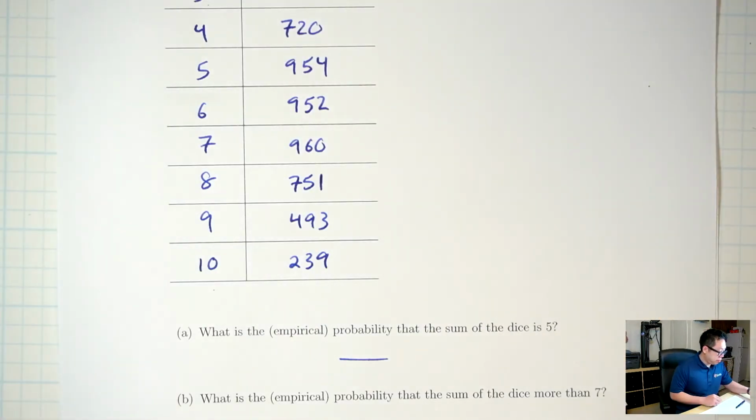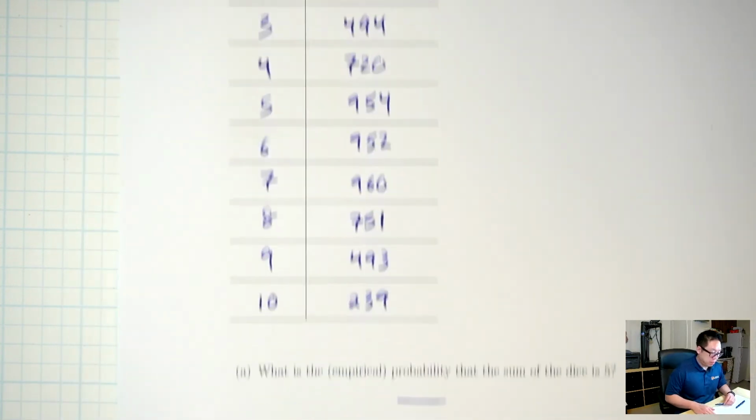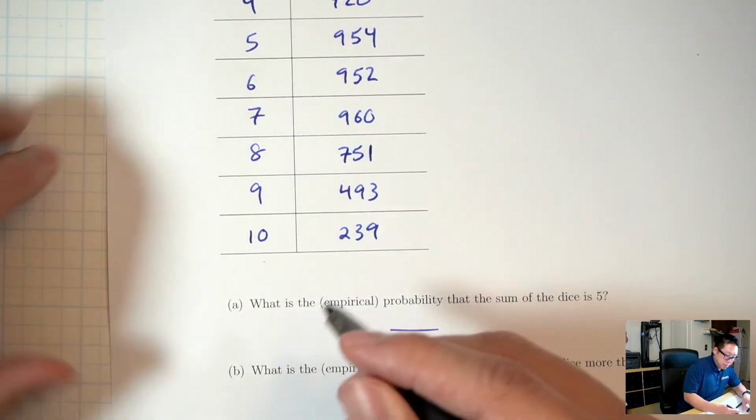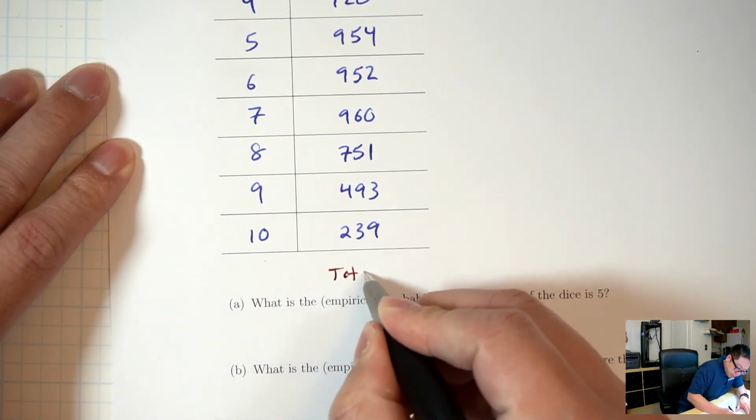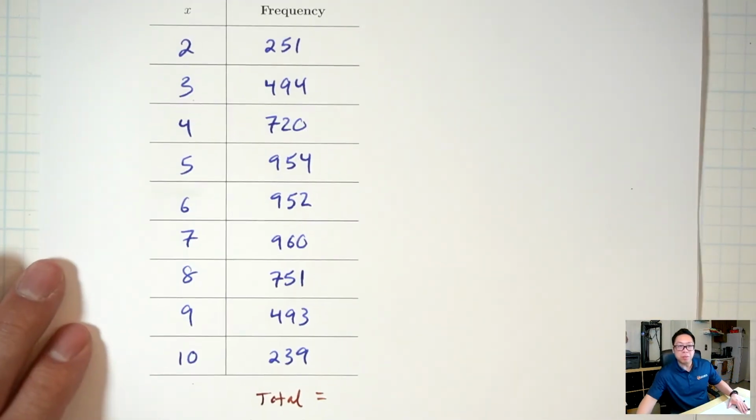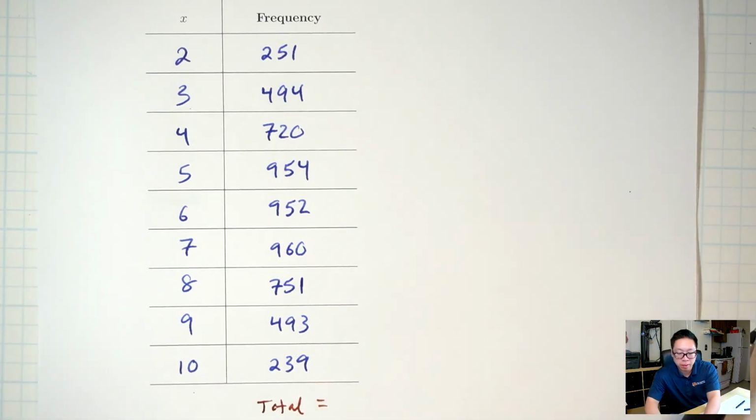Well, add up these: 251 plus 494 plus 720 plus 954 plus 952 plus 960 plus 751 plus 493 plus 239.